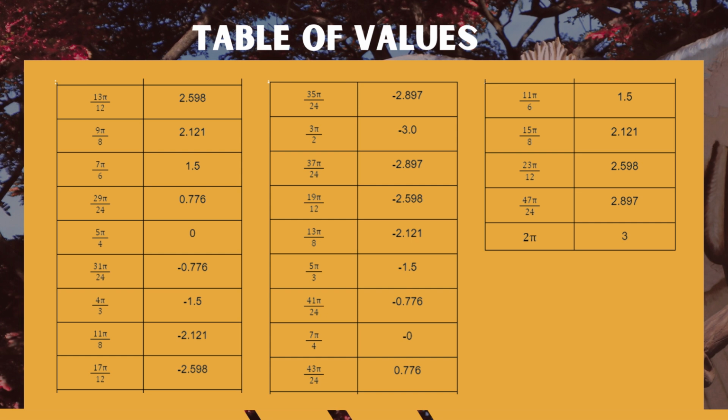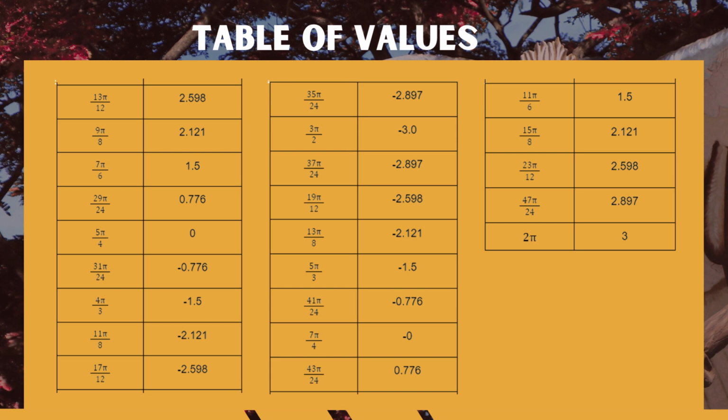If 37 pi over 24, we get negative 2.897. If 19 pi over 12, we get negative 2.598. If 13 pi over 8, we get negative 2.121. If 5 pi over 3, we get negative 1.5. If 41 pi over 24, we get negative 0.776. If 7 pi over 4, we get 0.